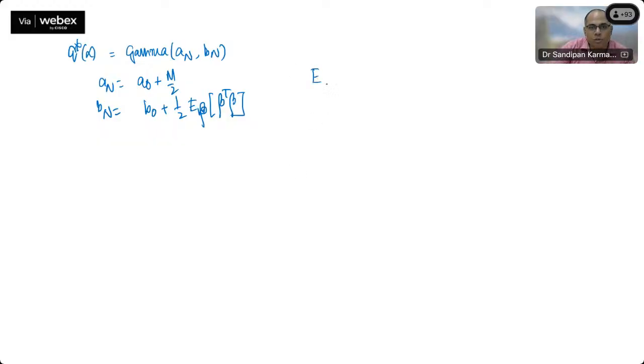So next is how to actually find out this. Can anybody tell me how to find out this expectation of beta transpose beta with respect to beta? You can actually use an identity to find out the expected value of beta transpose beta, or suppose x transpose x.